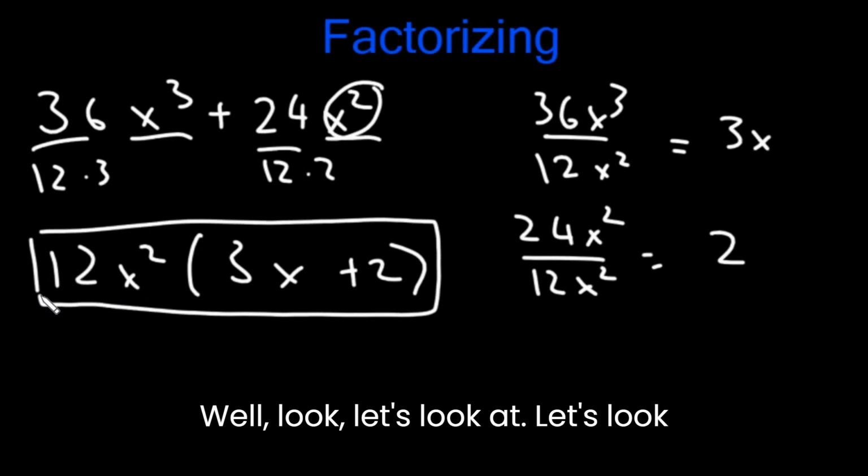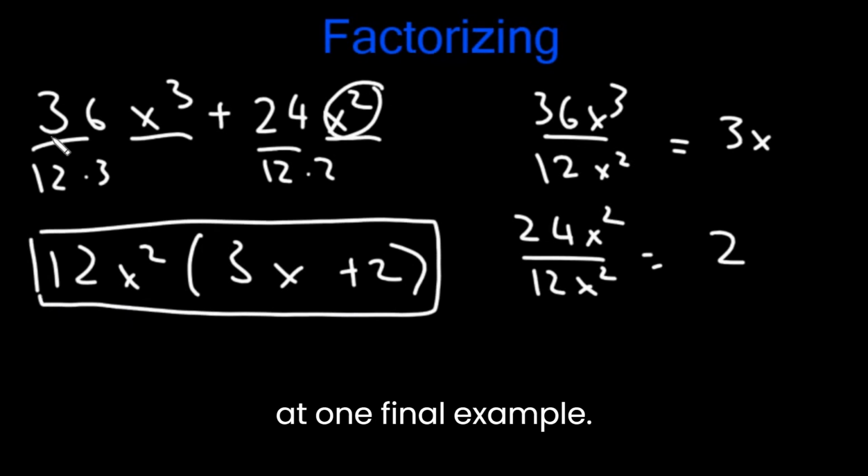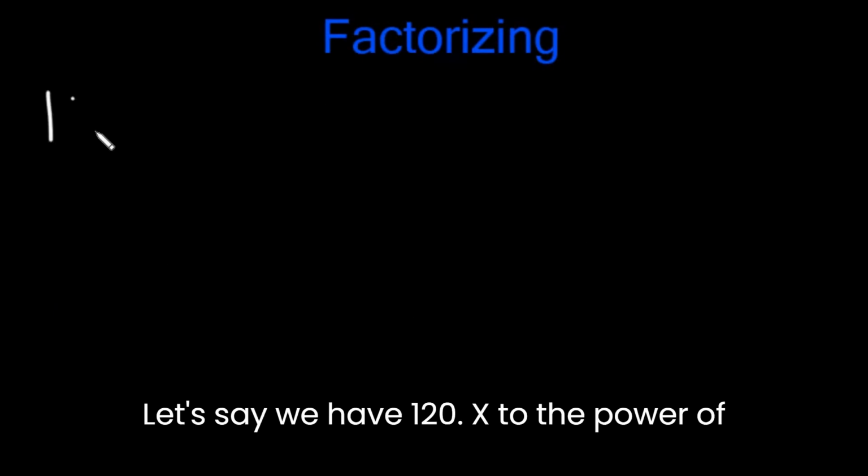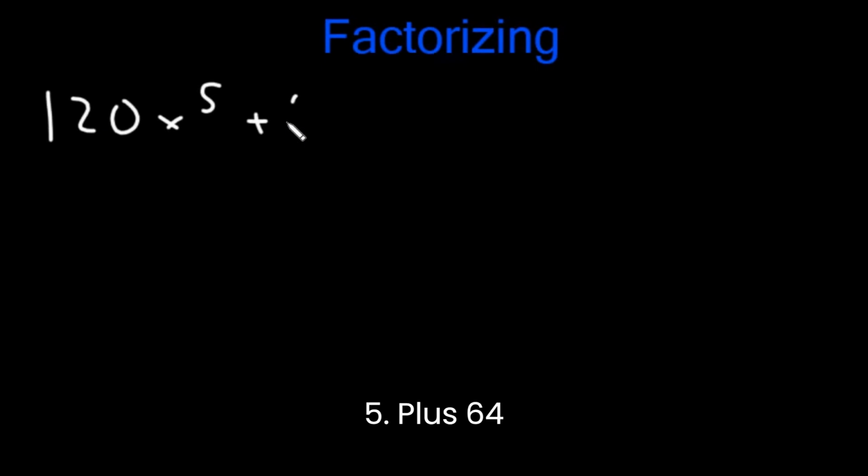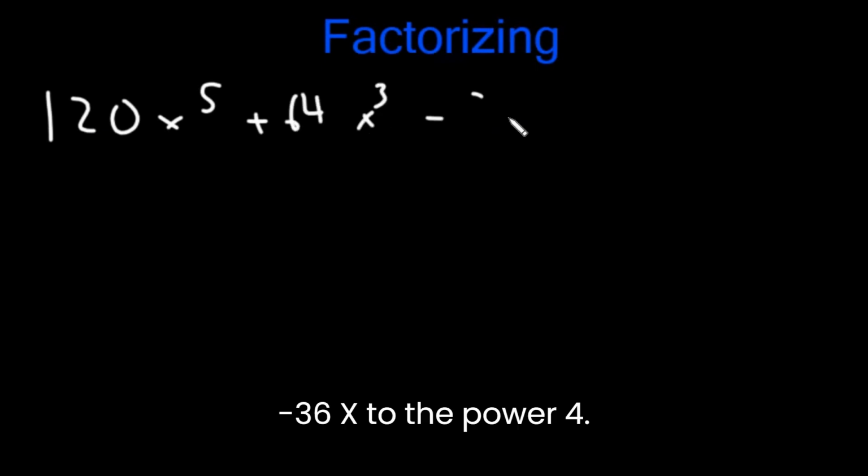Well, let's look at one final example. Let's say we have 120x to the power of 5 plus 64x to the power of 3 minus 36x to the power of 4.